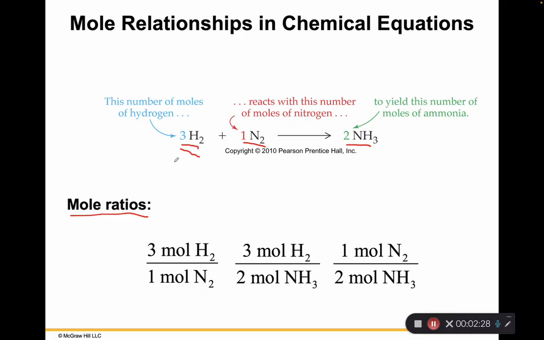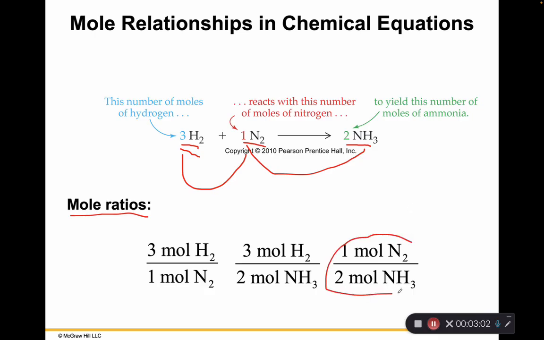Let's say if I need to show the relation between hydrogen and nitrogen, I choose 3 moles of hydrogen by 1 mole of nitrogen, or 1 mole of nitrogen by 3 moles of hydrogen conversion factor. If I need to relate the nitrogen with ammonia, I can go with 1 mole of nitrogen over 2 moles of ammonia, or 2 moles of ammonia by 1 mole of nitrogen, right?